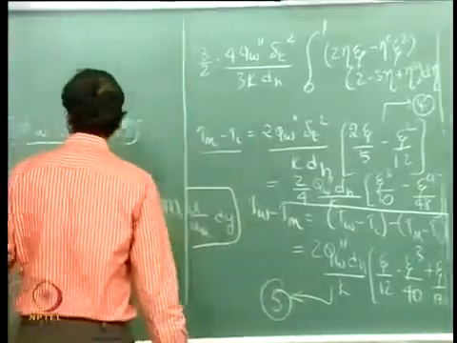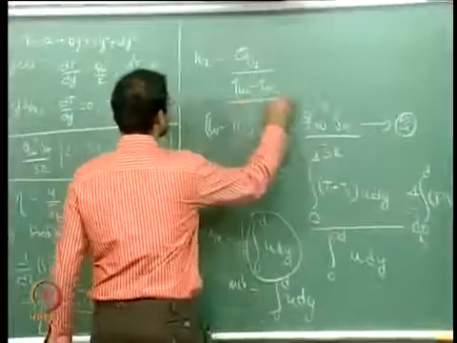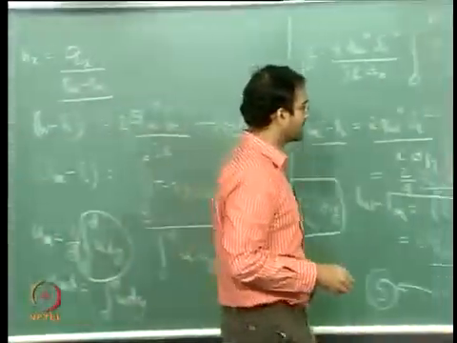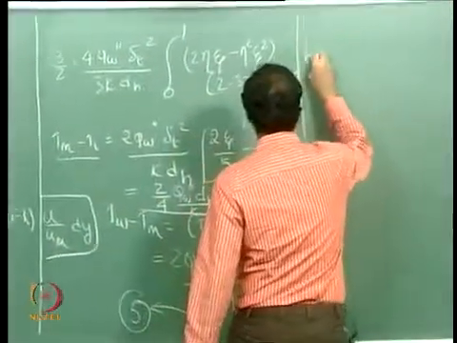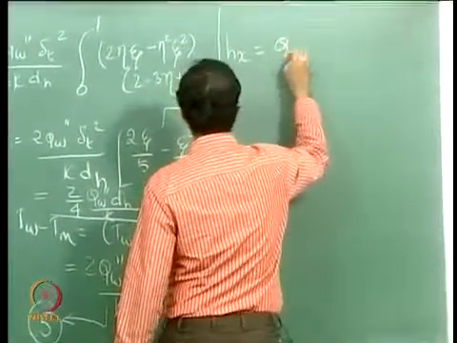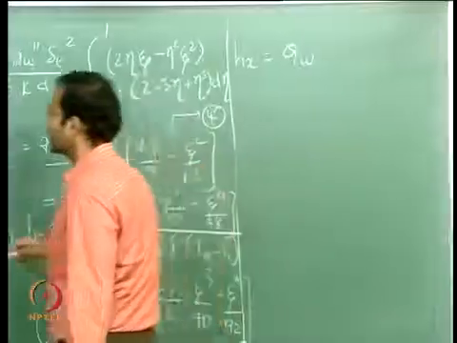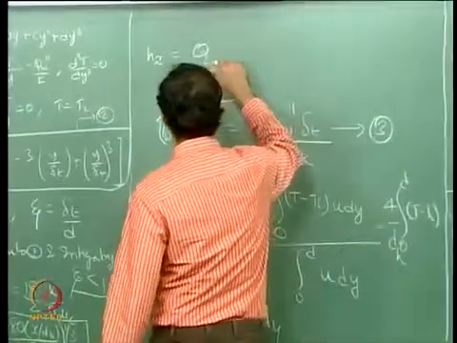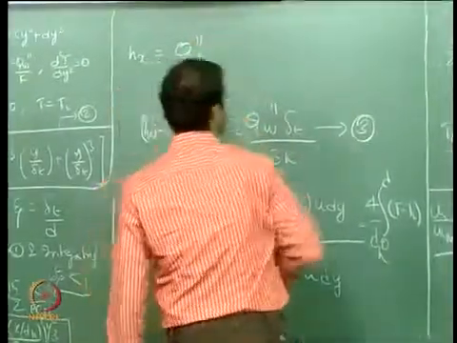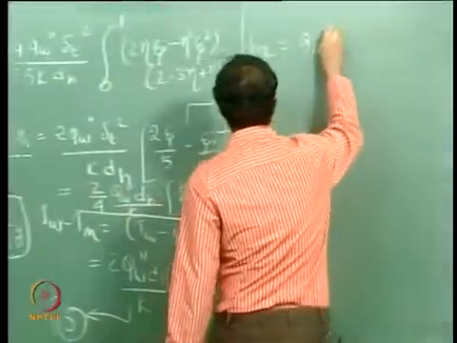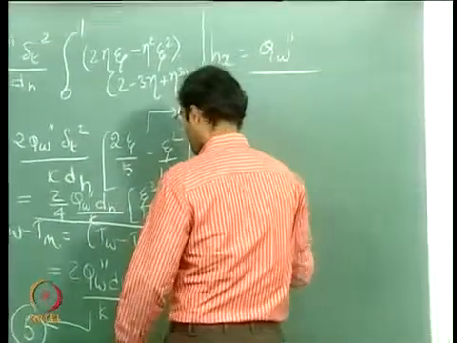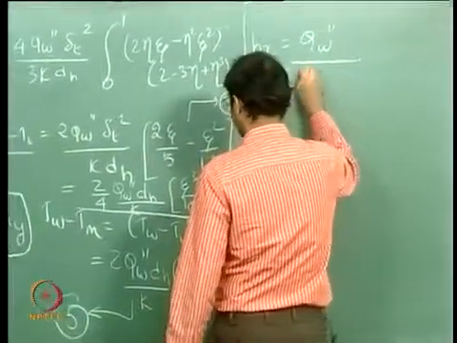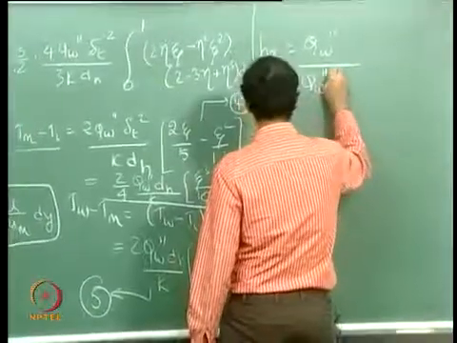So once you have the denominator here, I can directly get the expression for Hx. Hx will be nothing but Qwall double prime, that is your constant heat flux applied to the plates, divided by this particular expression here for Twall minus Tm.